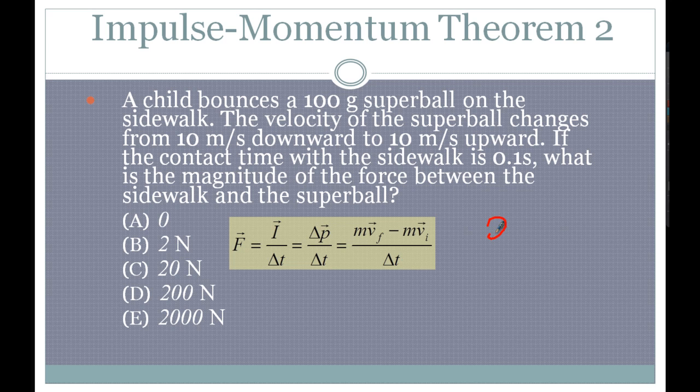Pretty simple. 2 kg times m over s, divided by 0.1 seconds. 2 divided by 0.1 is going to give us 20. Kg times m over s divided by s is going to give us kg times m over s squared, which is a newton. So 20 newtons.